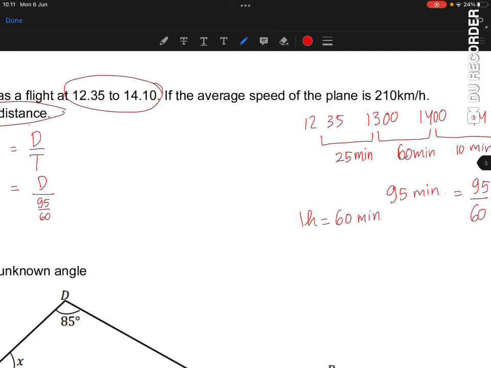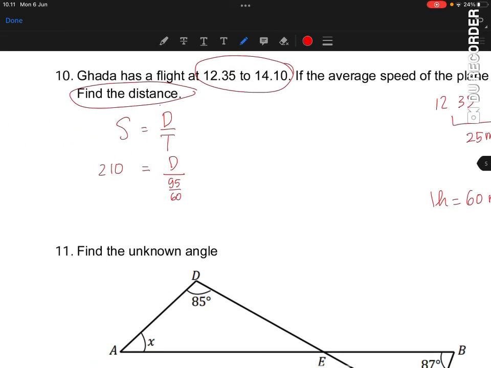Alright. 210 here is 210 over 1, right? Now let's do the cross multiply. So you will have 210 multiply it with 95 over 60 equals to distance multiply 1. It is going to be distance.